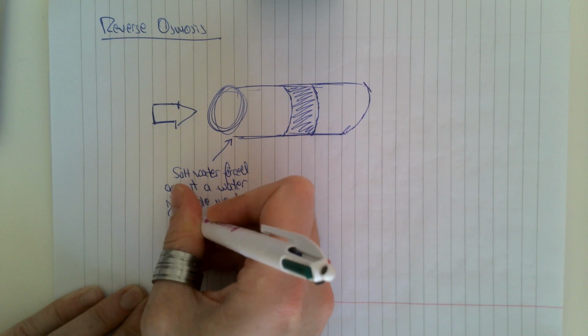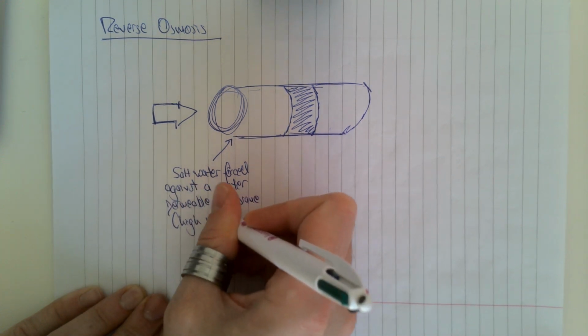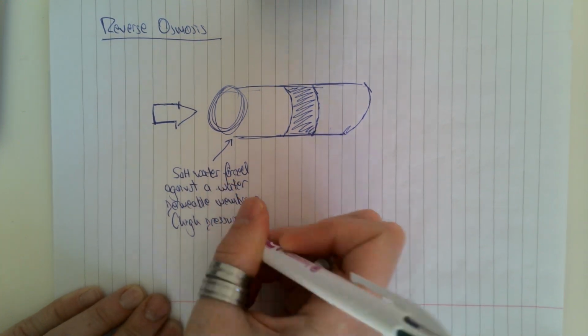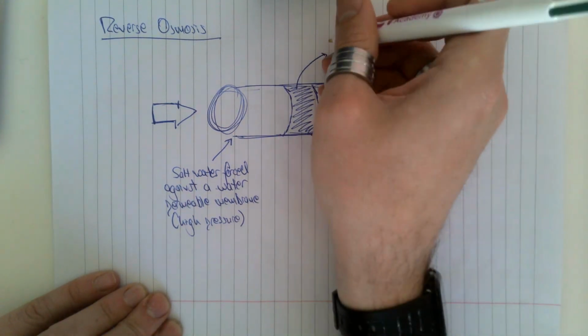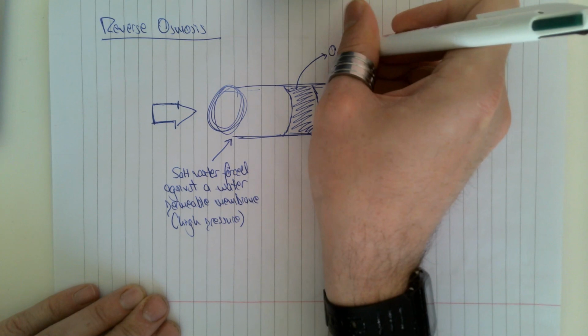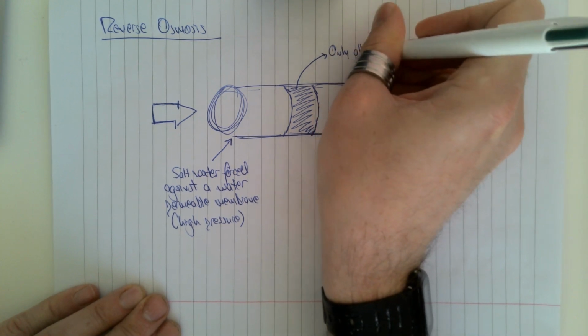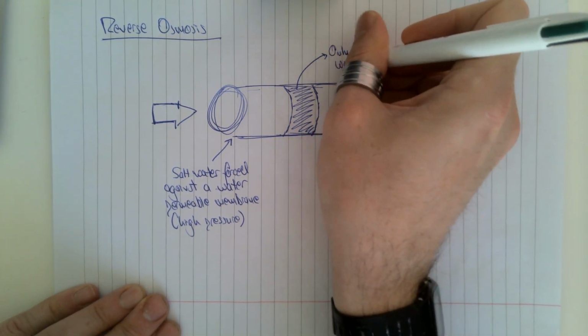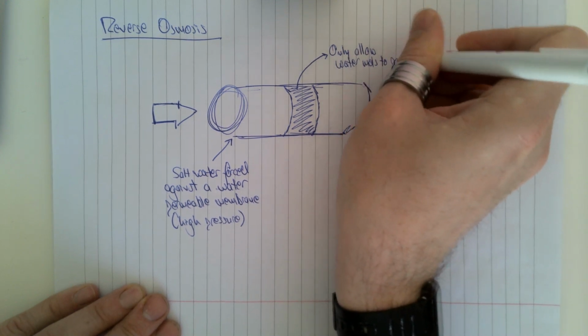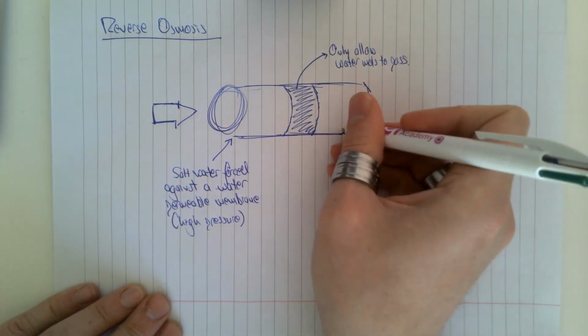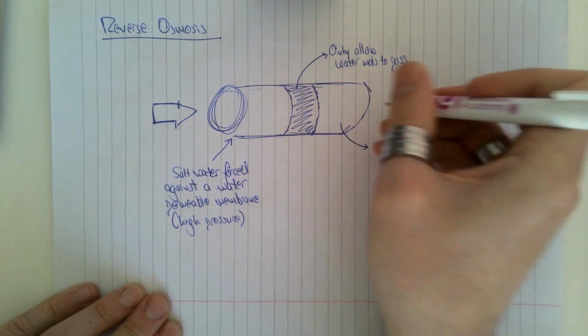Really high pressure. Now, this membrane only allows water molecules to pass through, which leaves pure water coming out the other end.